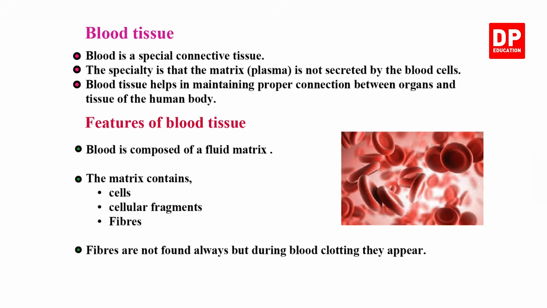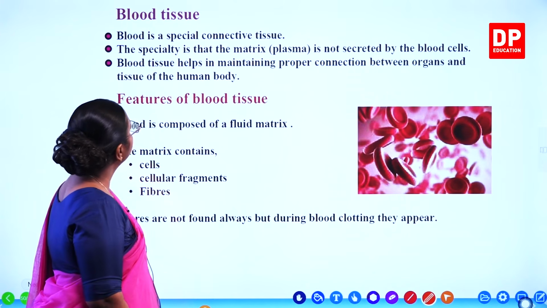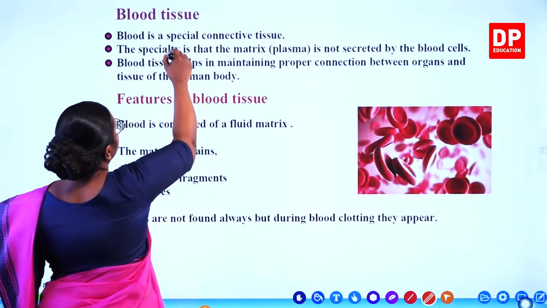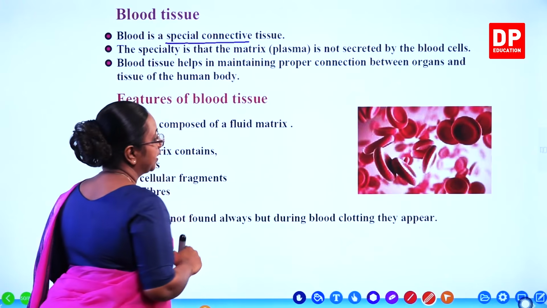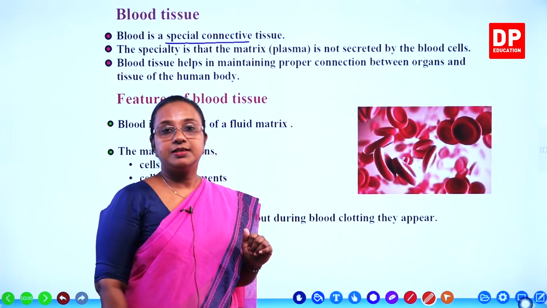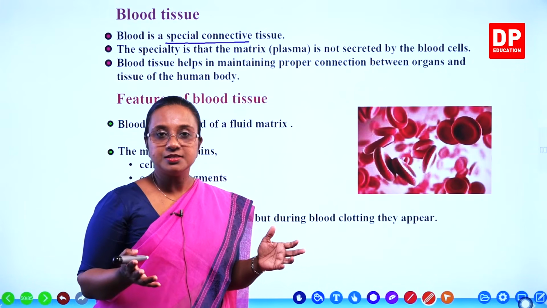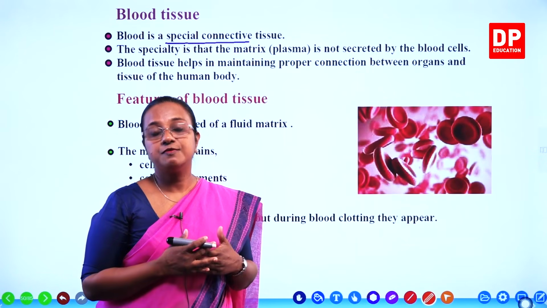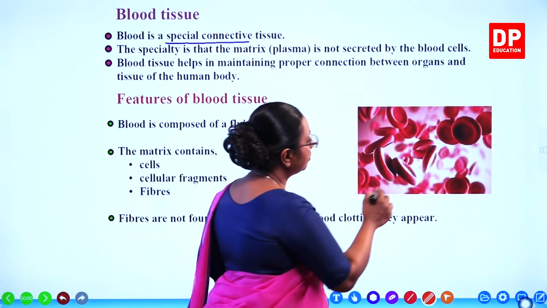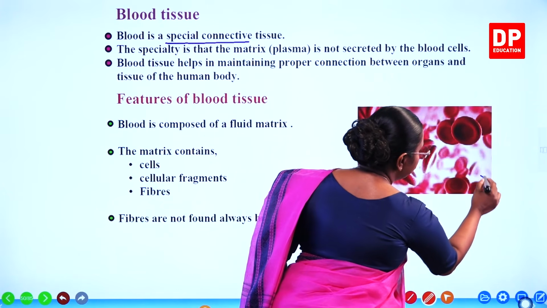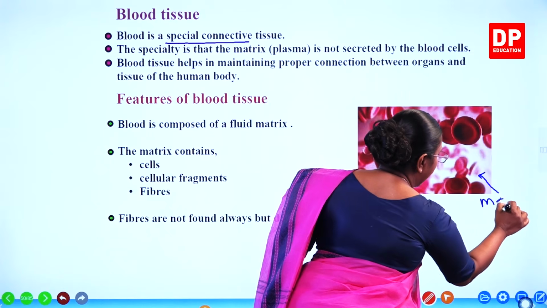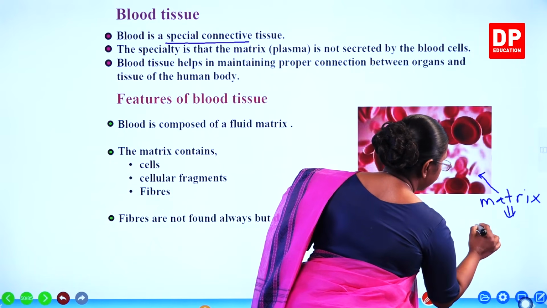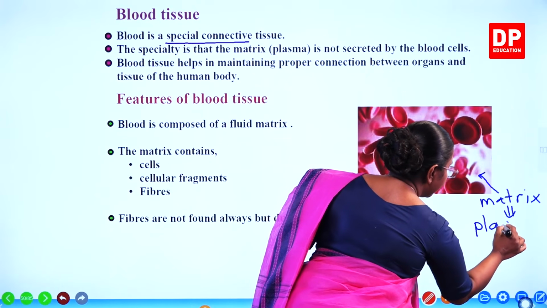Blood tissue. We say that blood is a special connective tissue. I will explain why. All the connective tissues have a matrix and also they have many cells and fibers. Here also the blood has a matrix, and this matrix is a liquid matrix that is called the plasma.